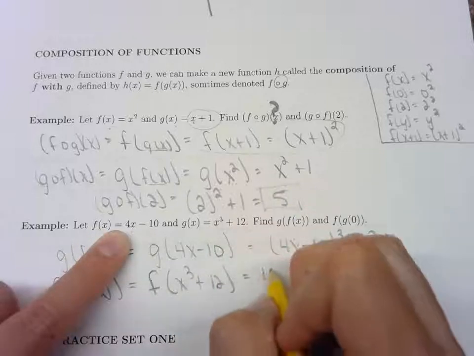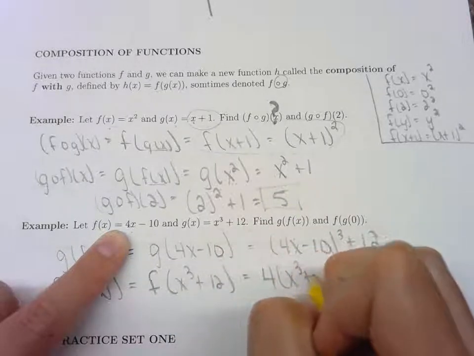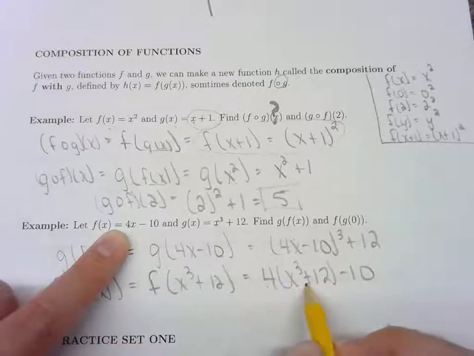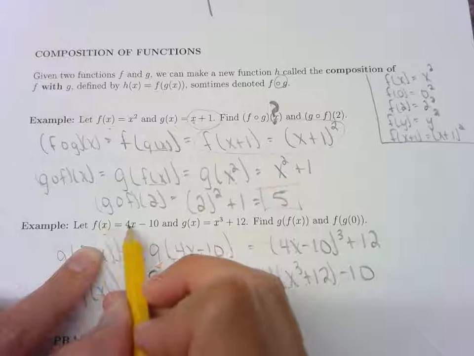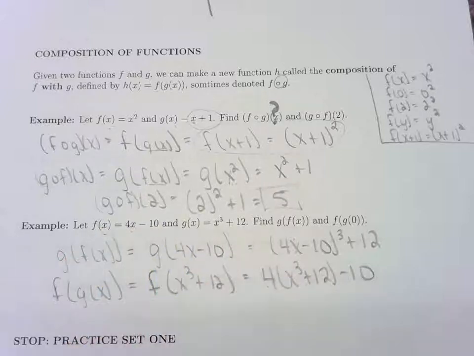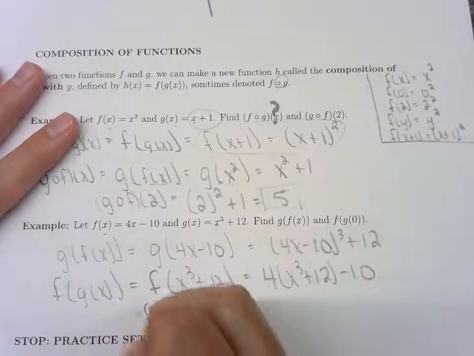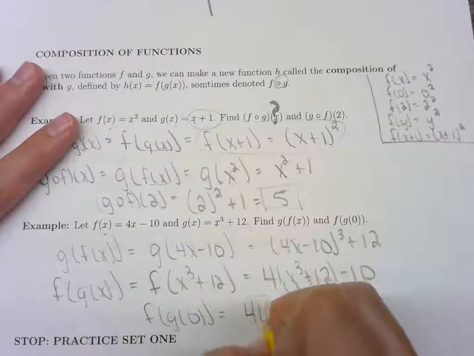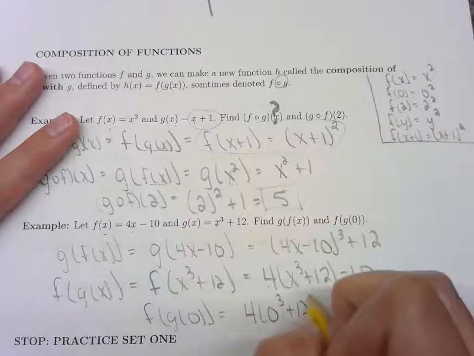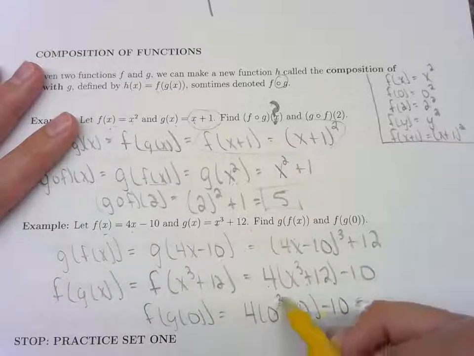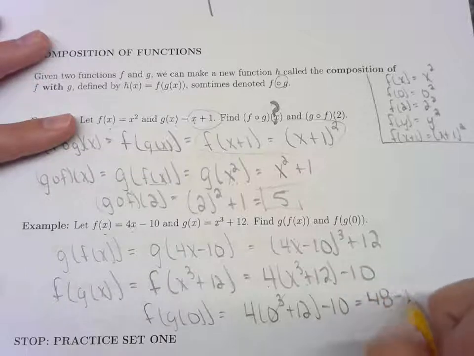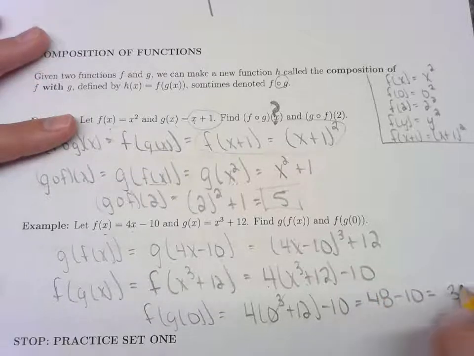So that would be 4 times x cubed plus 12 minus 10. So 4 times the input minus 10. Now we need to do f of g of 0. So this would be 4 times 0 cubed plus 12 minus 10. 0 cubed is just 0, so 4 times 12 is 48 minus 10, that is 38.